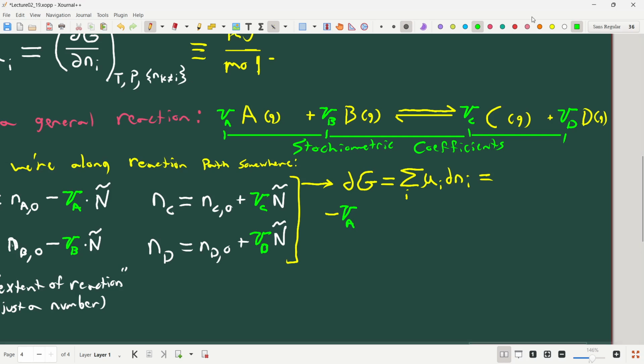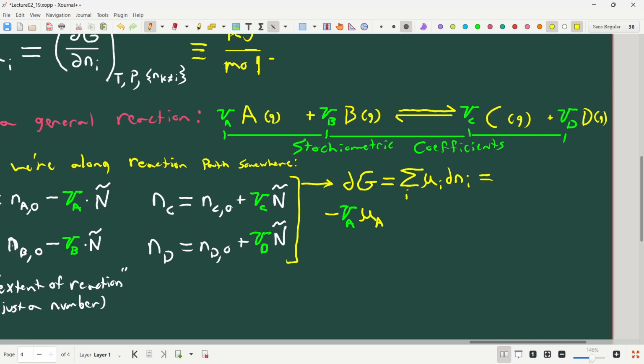So we have mu A times the chemical potential of A. And then we have the derivative of the number of moles of A. So what's the derivative of this equation? We're taking the derivative of N, so this goes away, it's a constant.